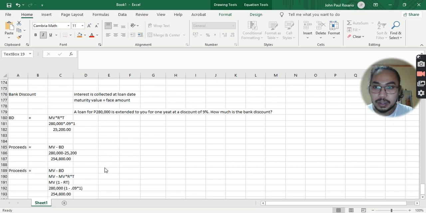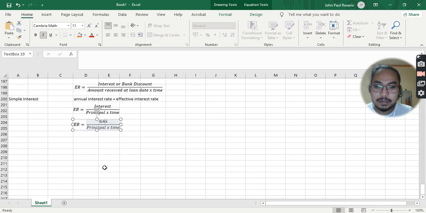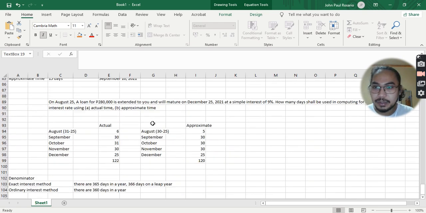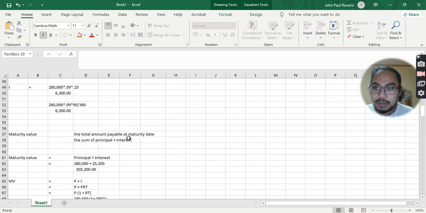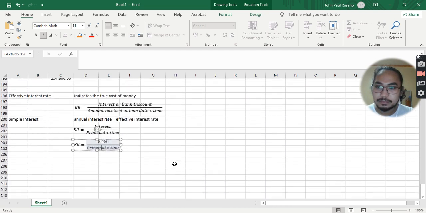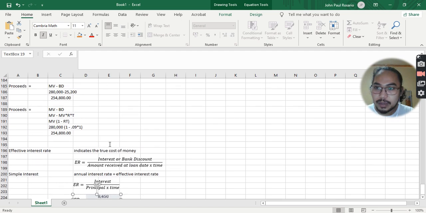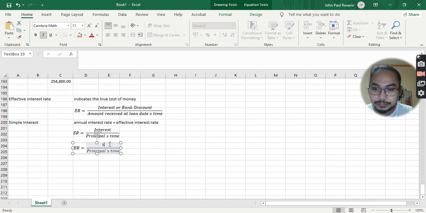The simple interest is 25,200, and our principal is 280,000.